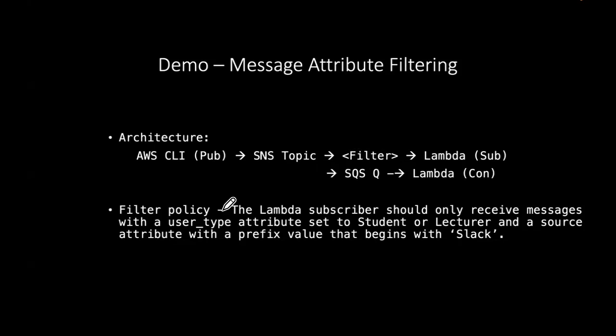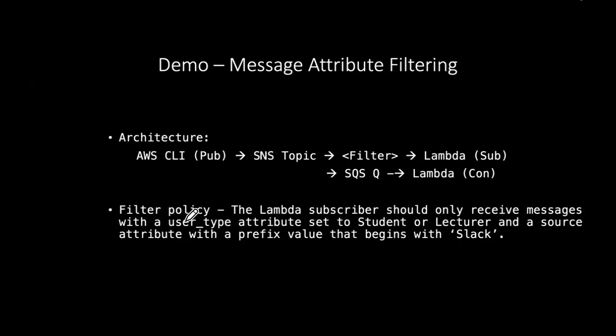In this case, we're going to have a message body JSON structure and an attributes JSON structure, and we're going to do the filtering based on the attributes. I've just arbitrarily decided there's going to be two attributes. One is called user type, and the other is called source. I just plucked these out of the air. They don't really have to mean anything for the purpose of this demonstration.